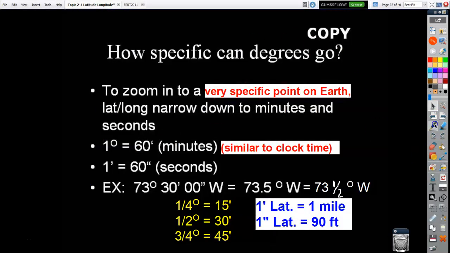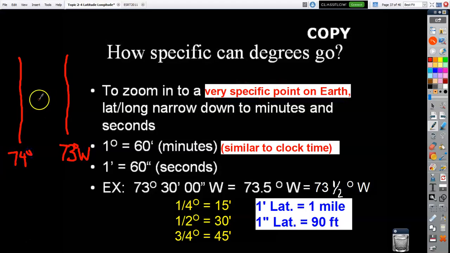And I went over this when we covered latitude, so go back and watch that video if you haven't. Longitude works the same way. Let's say I had 2 longitude lines, and this is 73 degrees west, and this is 74 degrees west, and I have an X right here. It's halfway. You could write it 73.5 west, with a fraction.